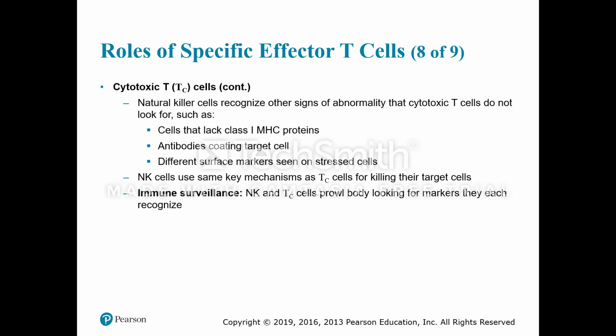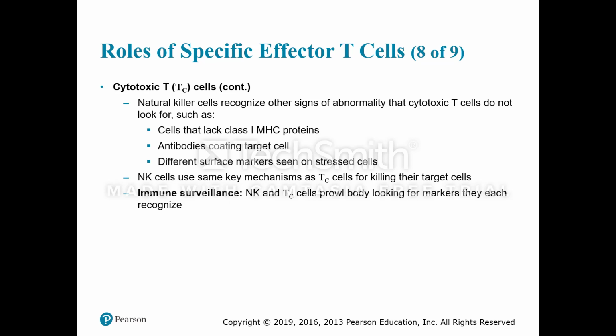Then you have the natural killer cells. Natural killer cells recognize other signs of abnormality that cytotoxic T cells do not look for. For instance, they look for cells that lack class 1 MHC protein, antibodies coating target cells, and different surface markers seen on the stressed cell.